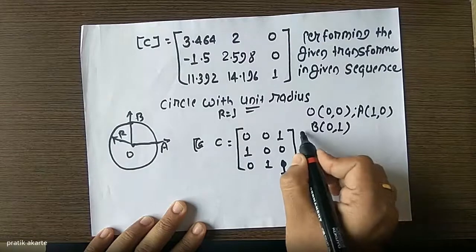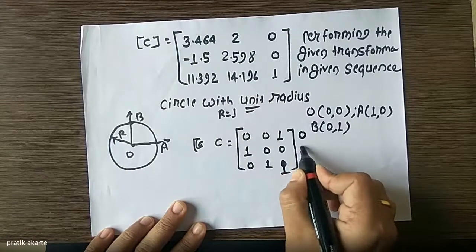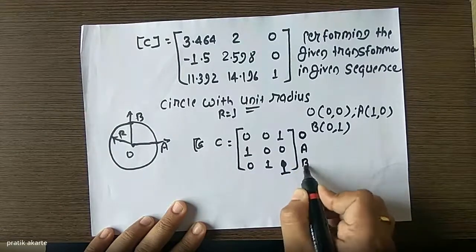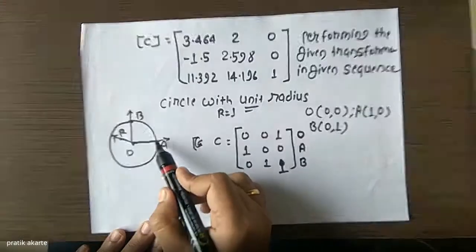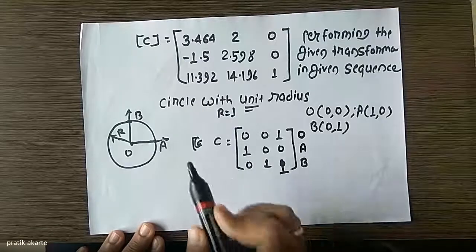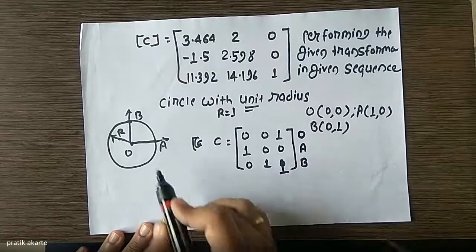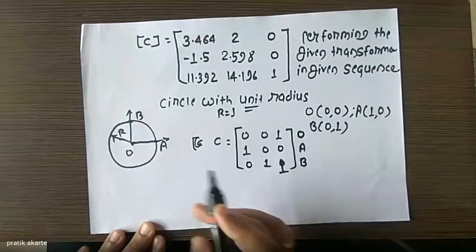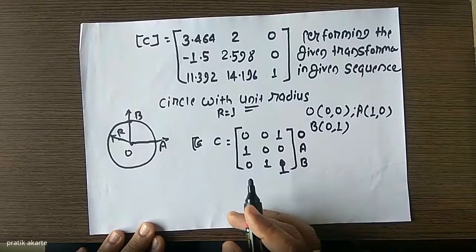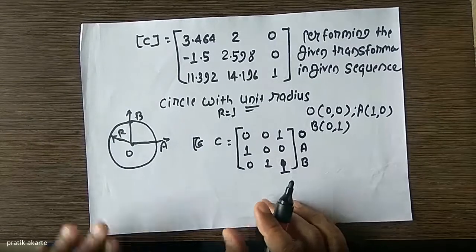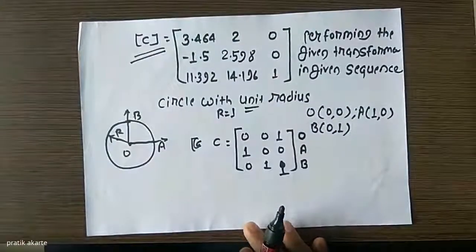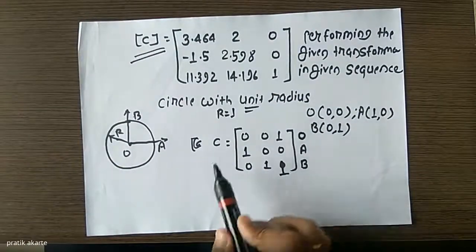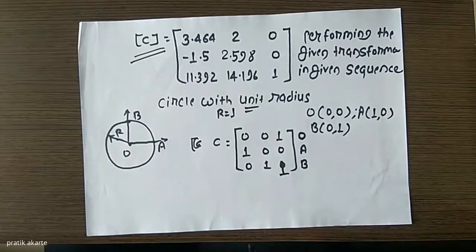Okay, so this is for O, this is for A, and this is for B. So we have represented the circle with unit radius considering 3 points: the origin, one point A and another point B. Now we have to find out what will be the effect of this composite transformation on this circle having unit radius. So for that, what we have to do?